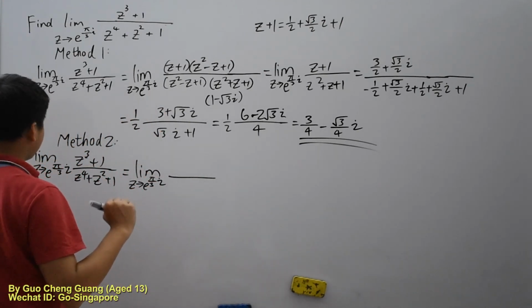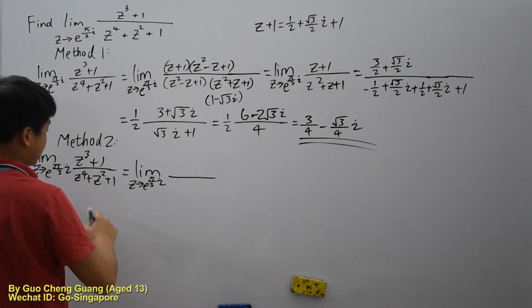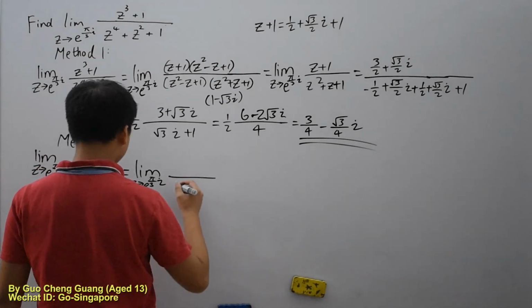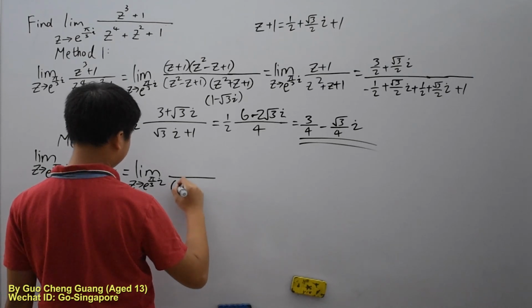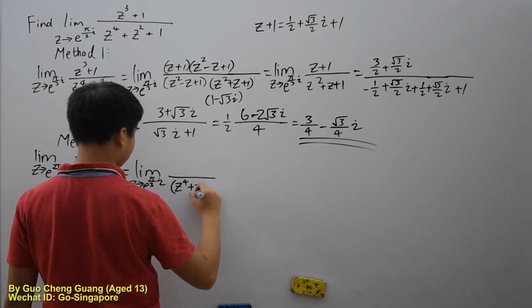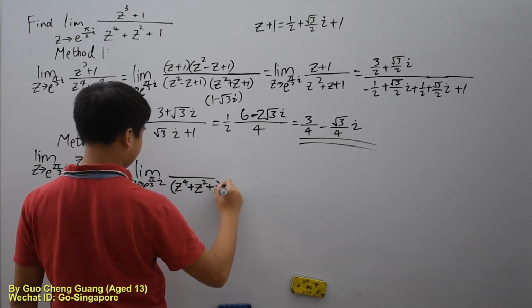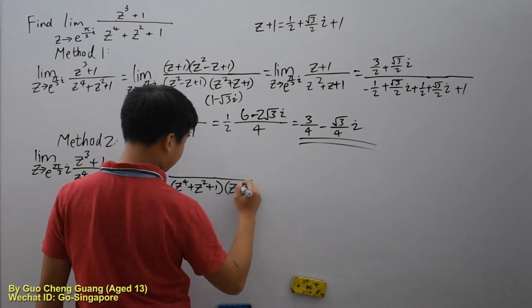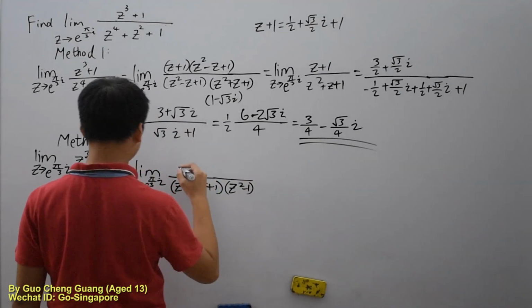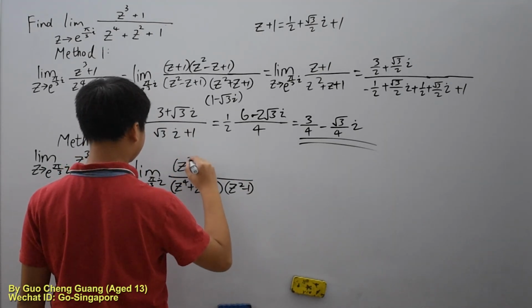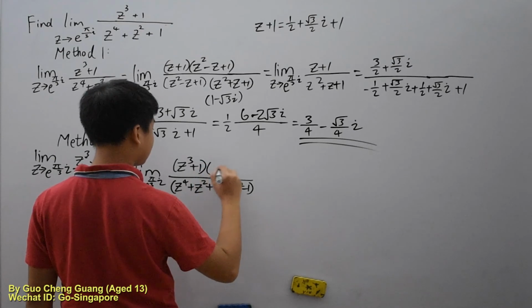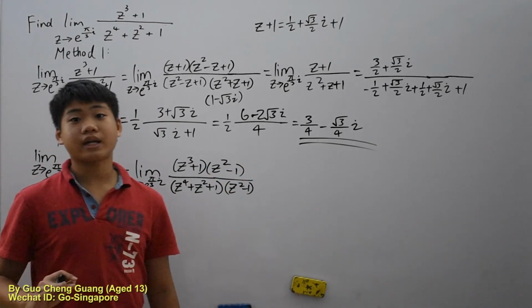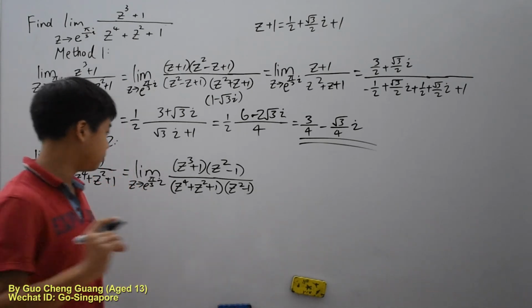And if you still remember x squared plus x plus 1, they times x minus 1, good for you, since we're using it here. And thus, this part you need to times z squared minus 1. And here is z cubed plus 1, and then z squared minus 1.